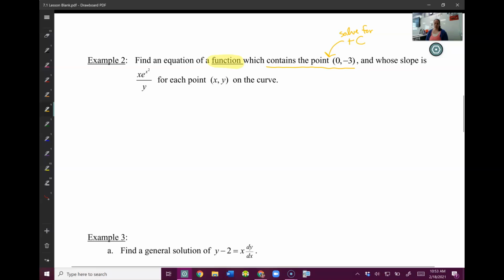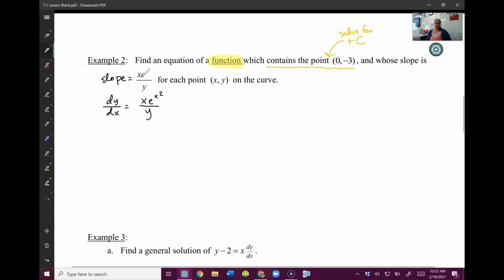And whose slope is this. So if the slope is this, we know slope is just another word for dy dx. So here we have slope, we have derivative equals this equation.